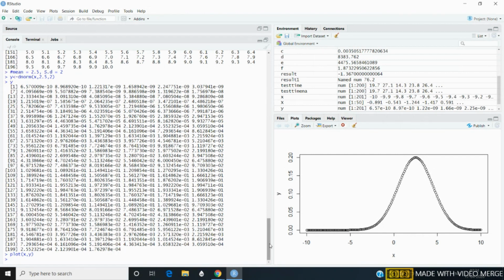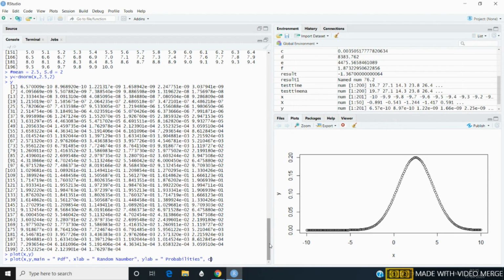Let's do it. To provide the title, I will write main, and in inverted commas I will write PDF, the probability density function. Then I will provide xlab as random numbers, then ylab as probabilities.